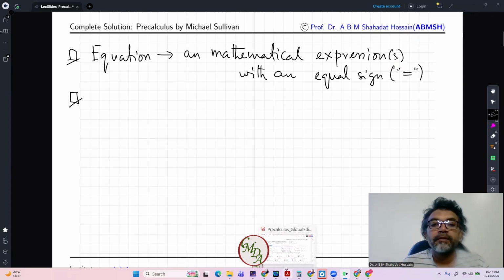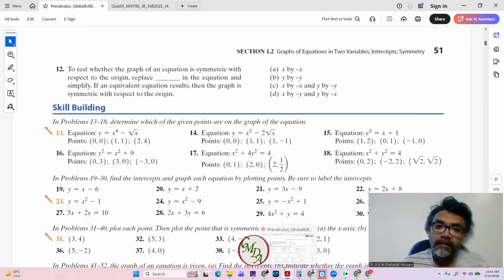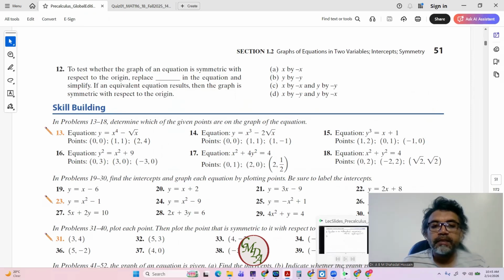The question is asking to determine whether the given points are on the graph of the equation. That means they satisfy the equation.